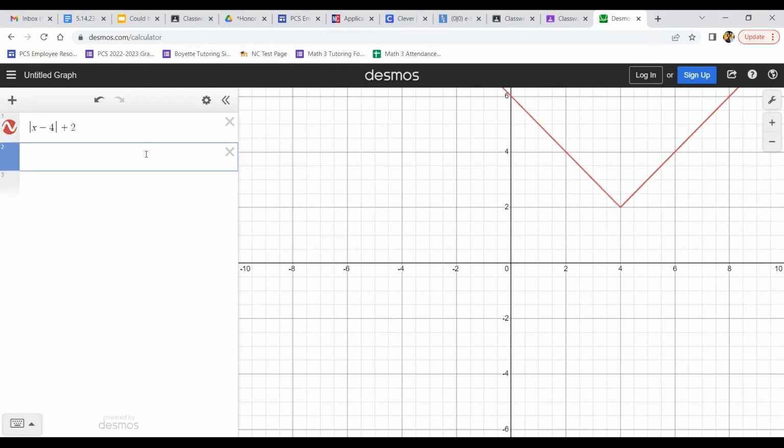And then for my second line, I'm going to type in g of x, which is 3x minus 4. Notice I didn't put the f of x and I didn't put the g of x because you don't need to. And then I'm just going to see where they cross. I'll click this point right here, and the x coordinate is the answer. So they cross at 2.5, so the answer is 2.5.